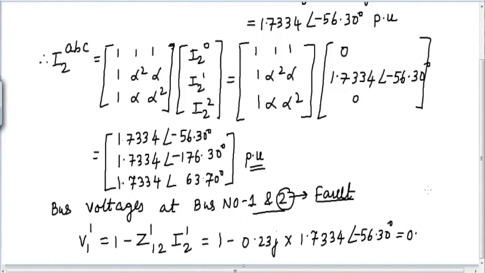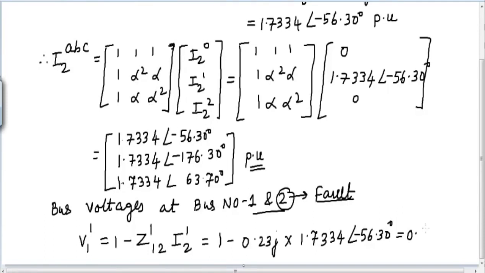V11 is 1 minus 0.23j multiplied by 1.7334 at an angle of minus 56.30 degrees. What is the value of that?